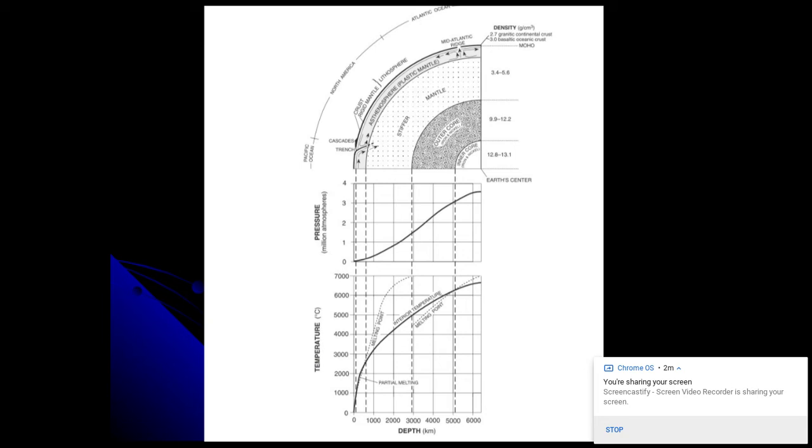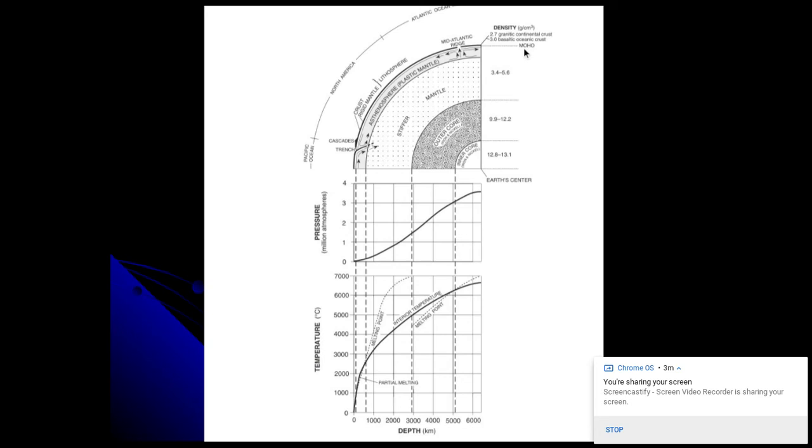There is a lot of information in this. If you look, we're going to start up top here. And as I was saying, what the layers were made up of, see, continental crust, granite, oceanic crust, basalt. Right below that is the moho.